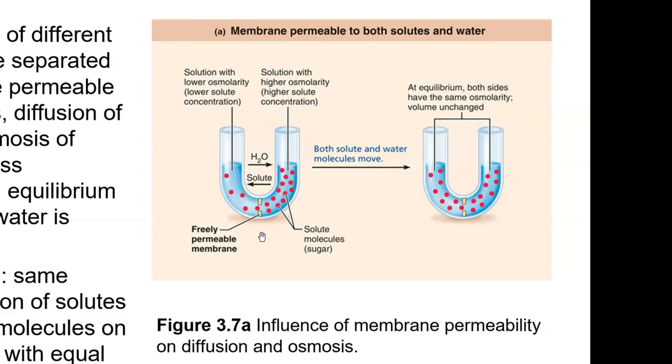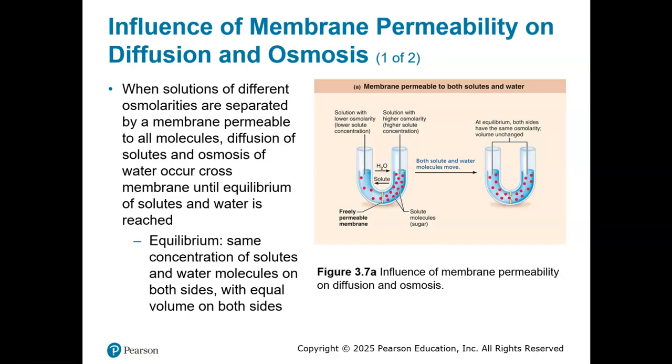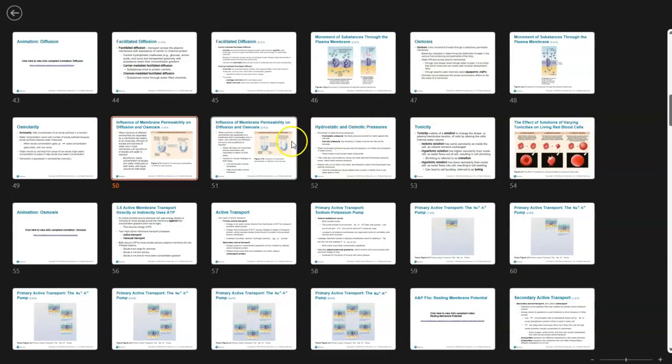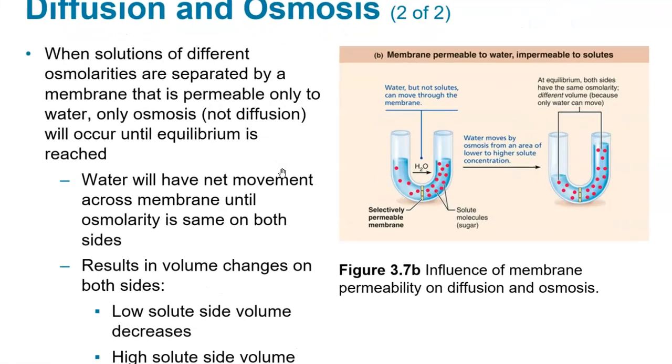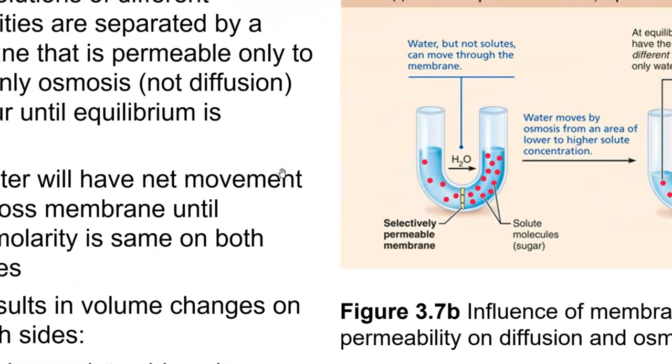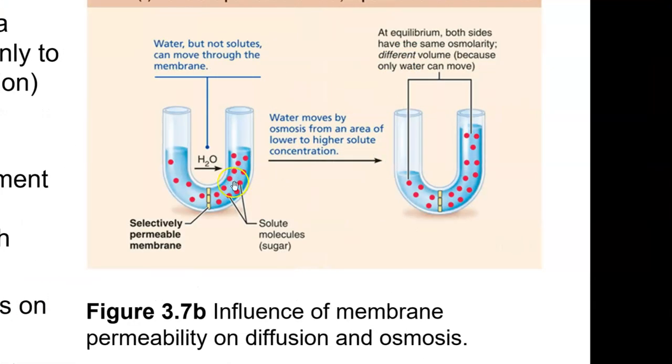So if the membrane is permeable to sugar, sugar will move across that membrane until it's evenly distributed. But that's not what I wanted to show you. I should have looked more closely. What I really want to show you is a picture where the holes in the membrane are small, so the sugar is not able to move from one side to the other.